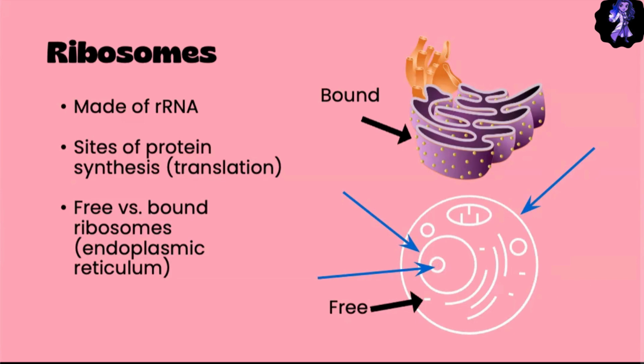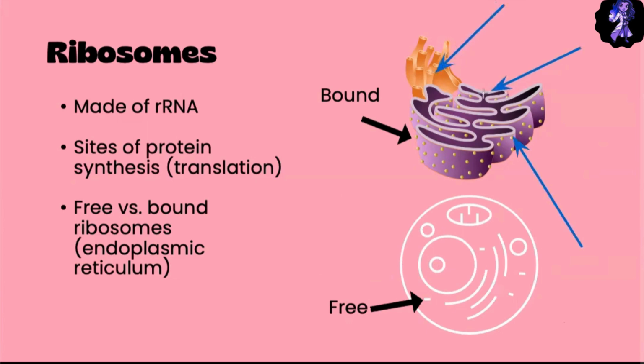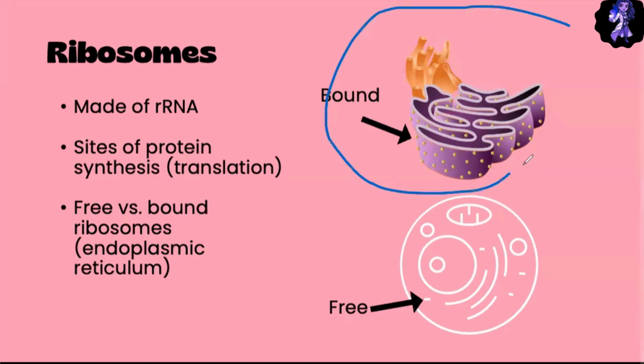Okay, so now we're going to talk about what this structure here is, and I'm drawing two arrows because these structures have the same name. They're called the endoplasmic reticulum. So the endoplasmic reticulum is this entire structure here, the yellow into the purple.